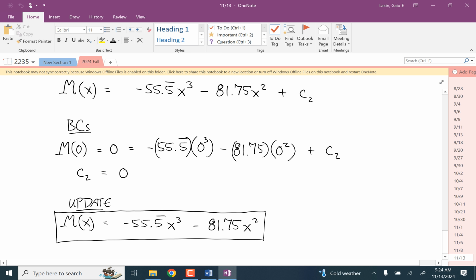If you know that at x equals 2 the bending moment is equal to negative 284 or whatever, then you can say negative 284 is equal to negative 55.5 repeating times 2 to the third minus 83.75 times 2 squared, and so on. And you can still calculate that C value the same way. In dynamics, we'll have to do that kind of stuff, not for this, but it's because of these same relationships. But here we don't have to do it.